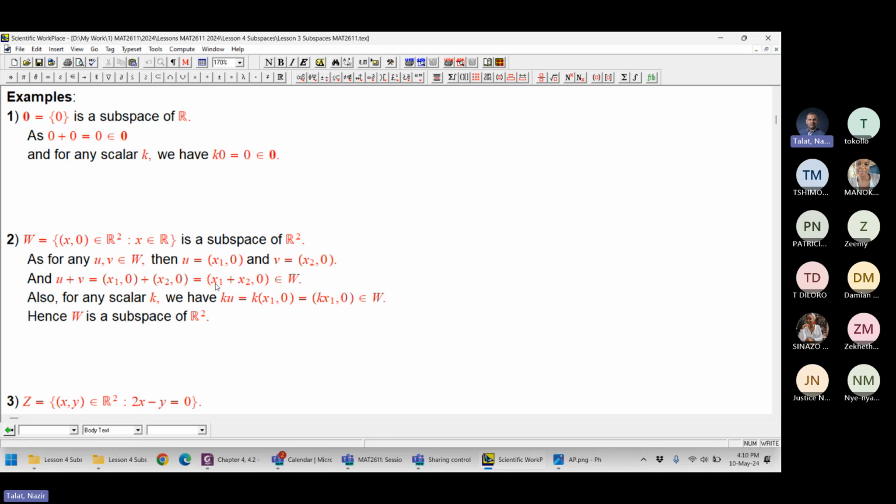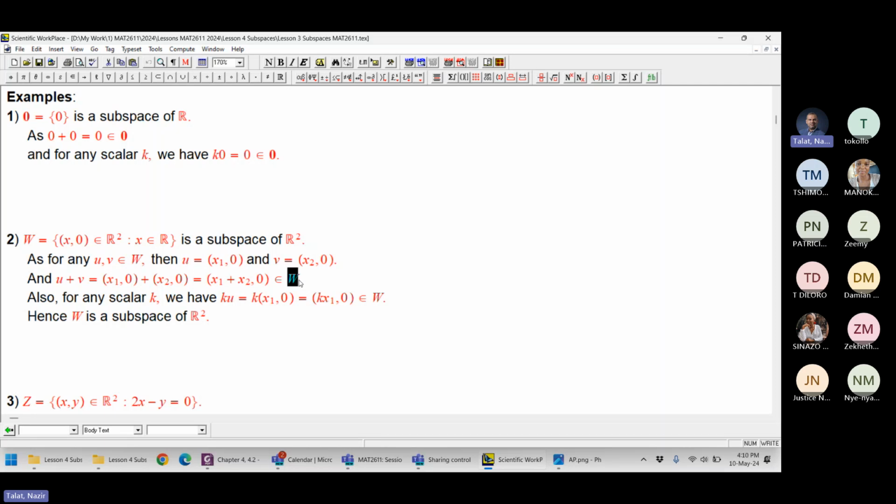So it becomes (x1 plus x2, 0). x1 is a real number, x2 is a real number, and the sum of two real numbers is again a real number. So this is again of the same form, which means it is an element of the set W. So whatever the vectors U and V in W, their sum also belongs to the set W.